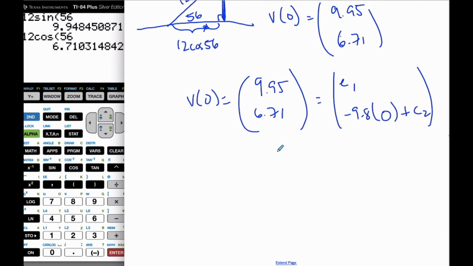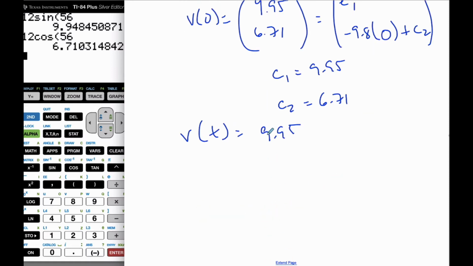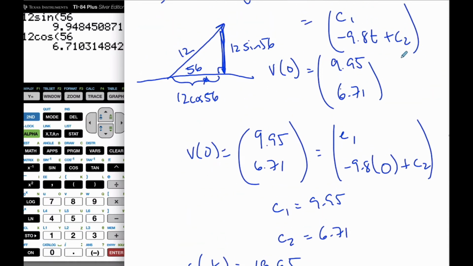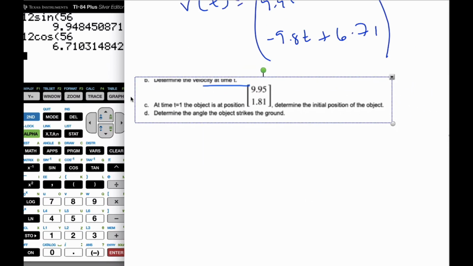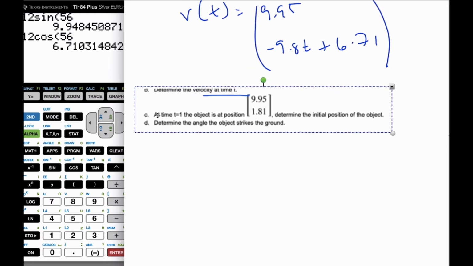Well, I can see from here that C1 is equal to 9.95 and C2 is going to be 6.71. So my entire velocity vector is 9.95 and negative 9.8 t plus 6.71.